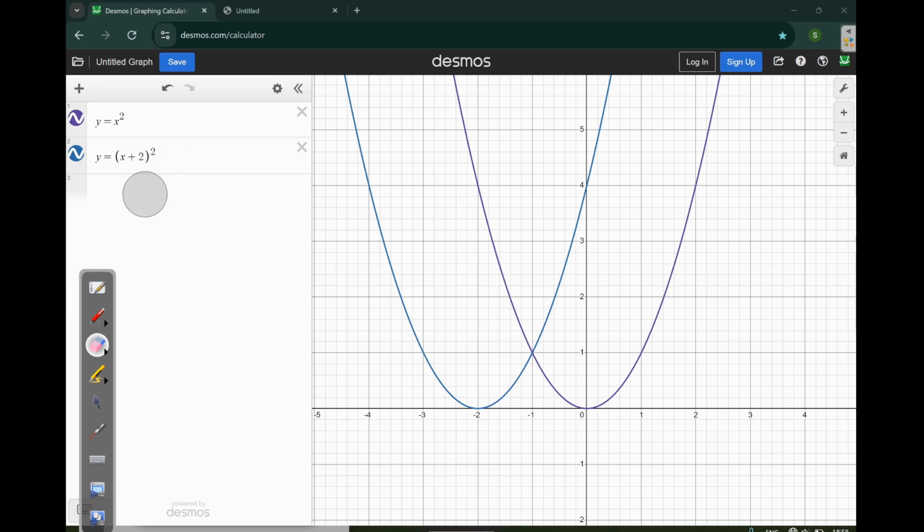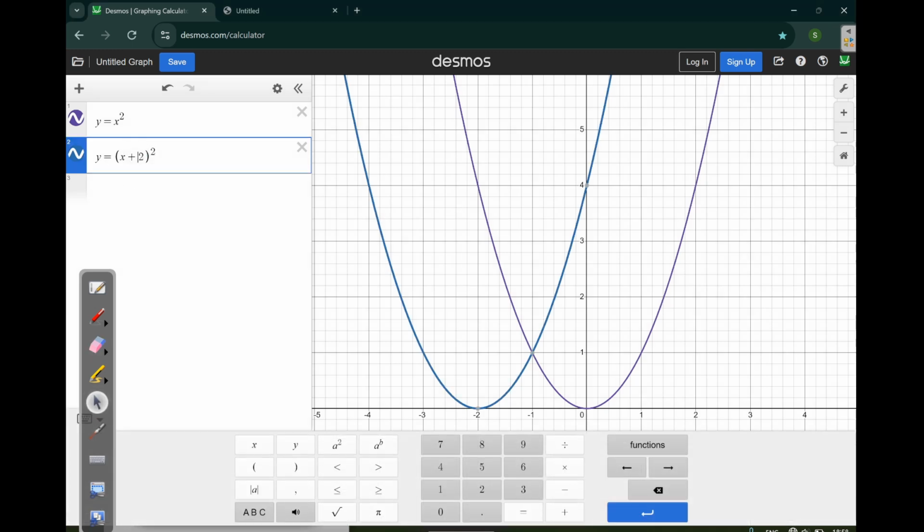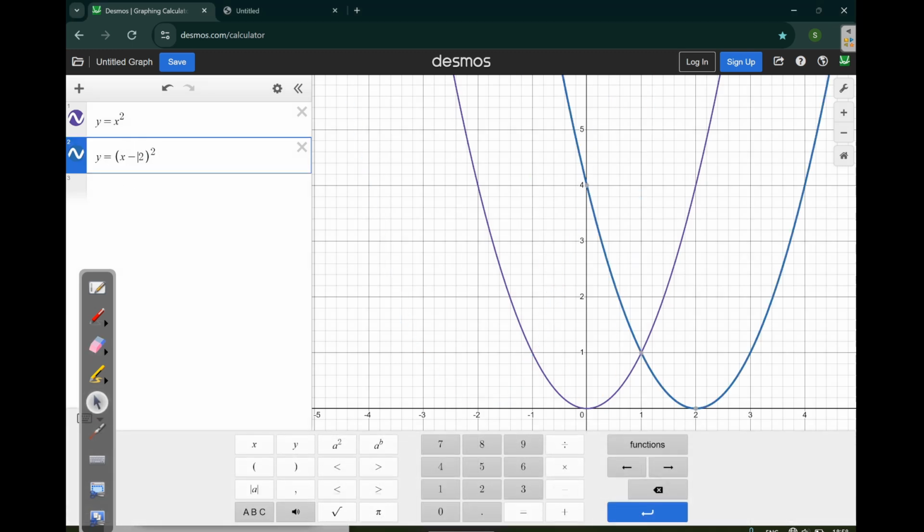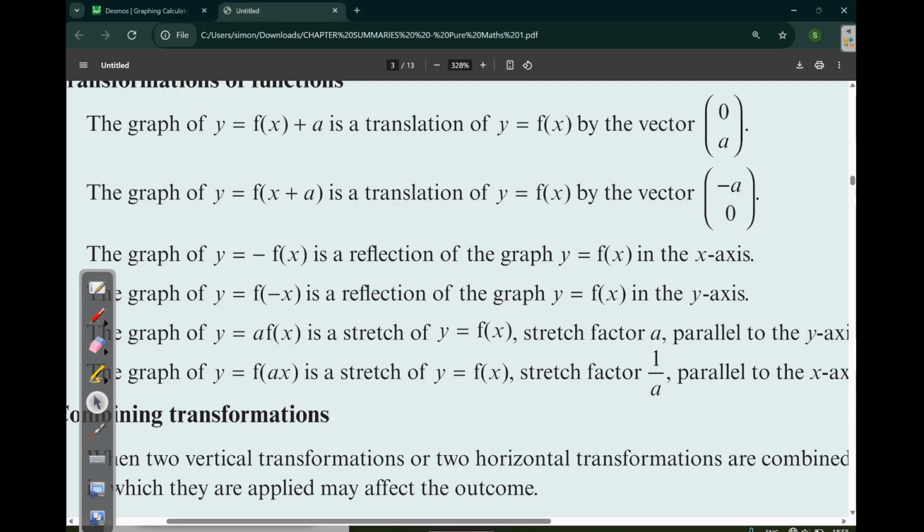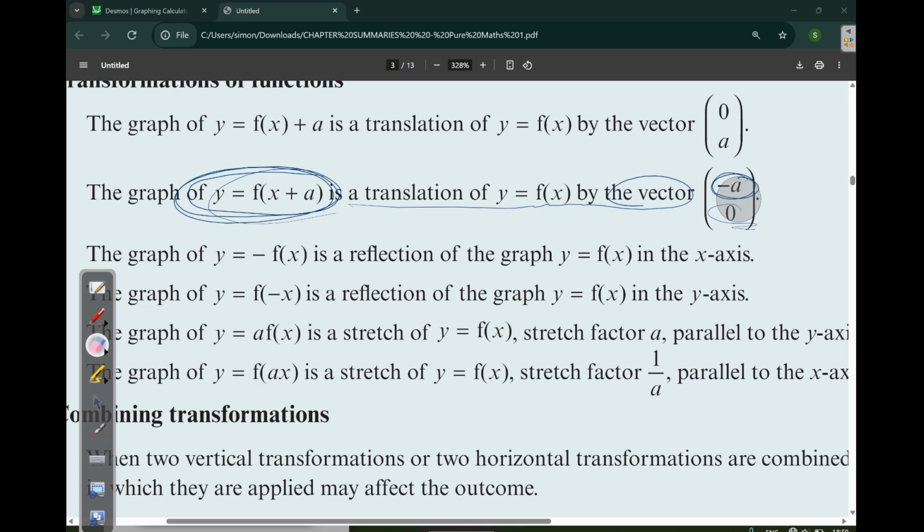You see that? If we put a minus here, it now goes to the right. That means the translation vector is 2, 0. So that's why here in the chapter summaries, we have that the graph of y equal to f of x plus a is a translation of y equal to f of x by the vector negative a, 0.